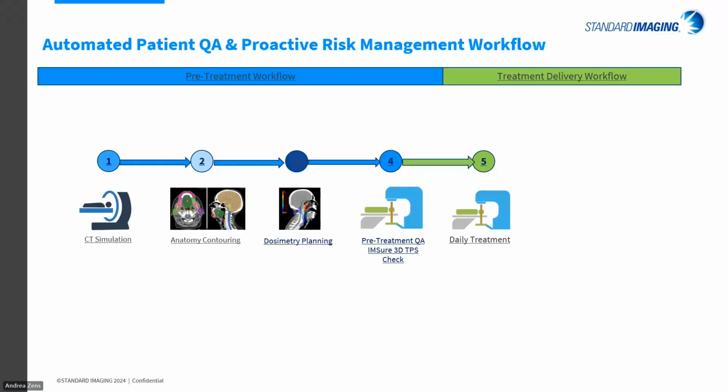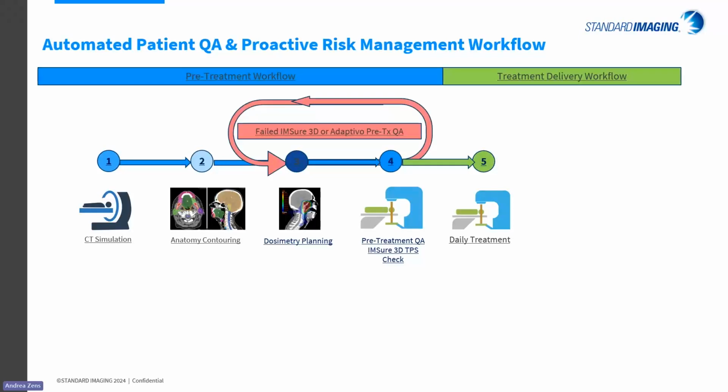So during treatment, pre-treatment, we have our IamSure 3D. So you're doing the usual. You have your pre-treatment check, your second check here with IamSure 3D. And during treatment, then you have LinAcView and Adaptivo doing their bit.